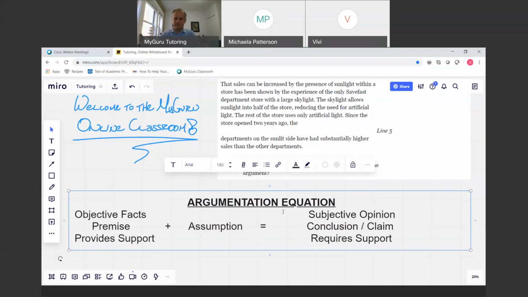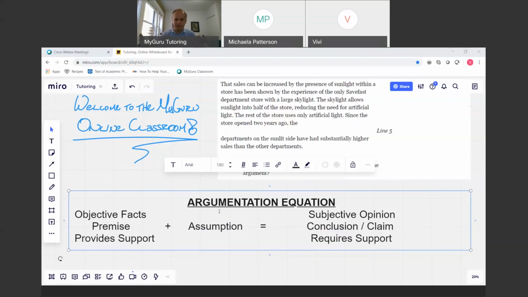The assumption is an interesting piece in that, for logical reasoning, whether it's GRE or GMAT style, the facts are going to be explicit. You're not going to have to wonder what the conclusion is or what the premise is.